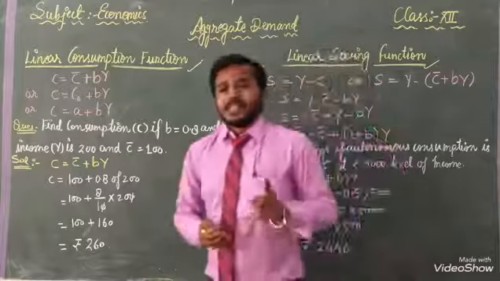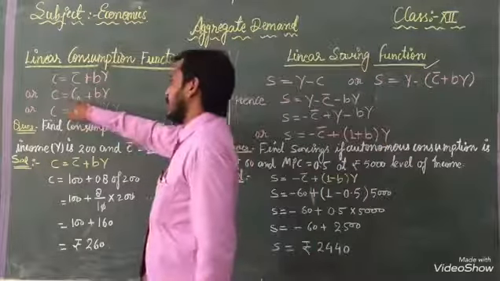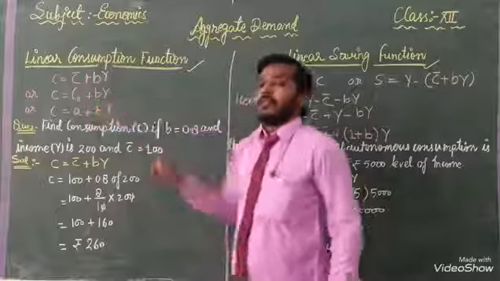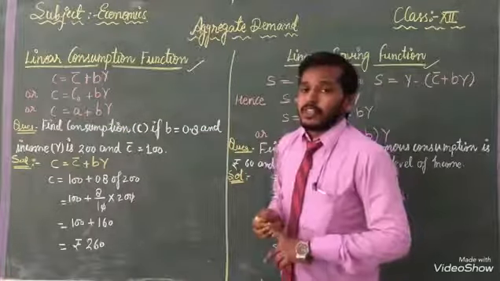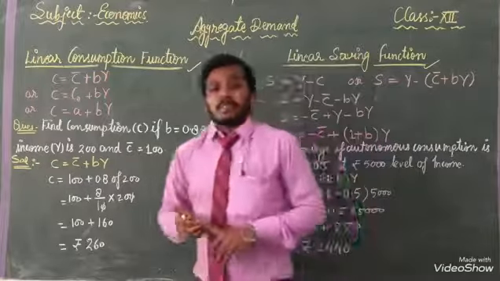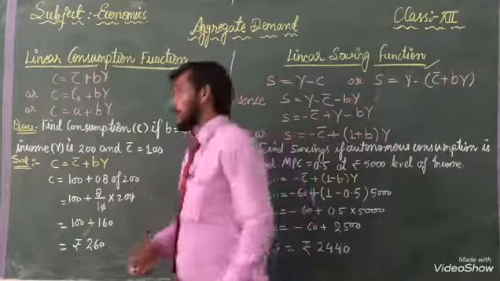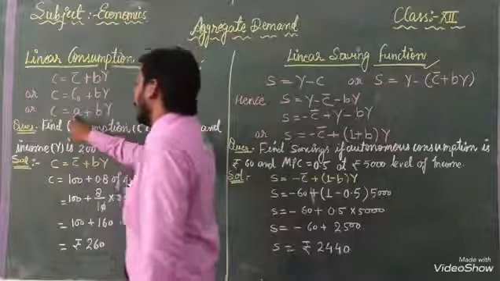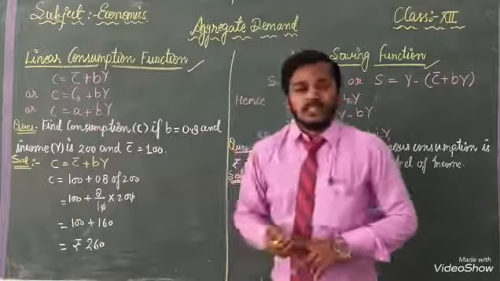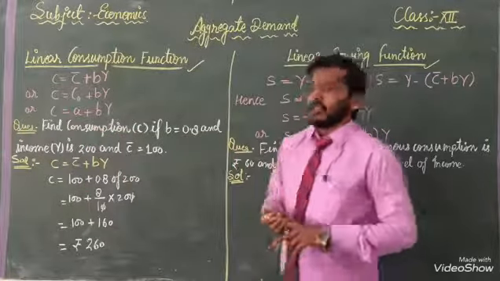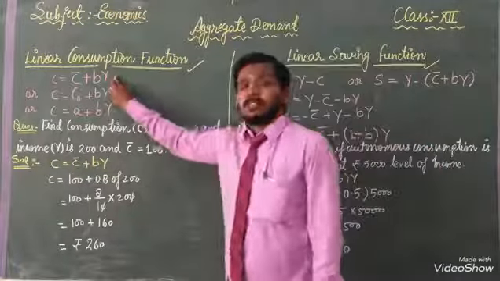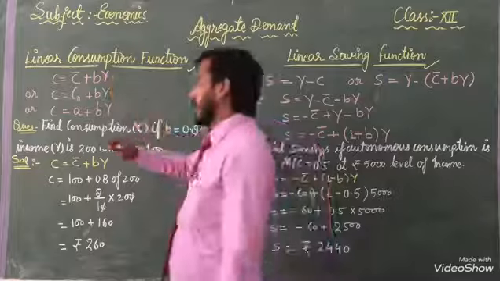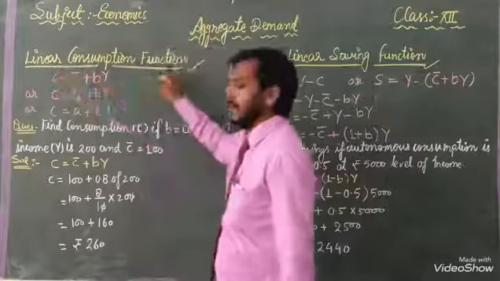Otherwise, we can write it as C equals C0 plus B y. In another form, C equals A plus B y. According to the question, we will select our formula.